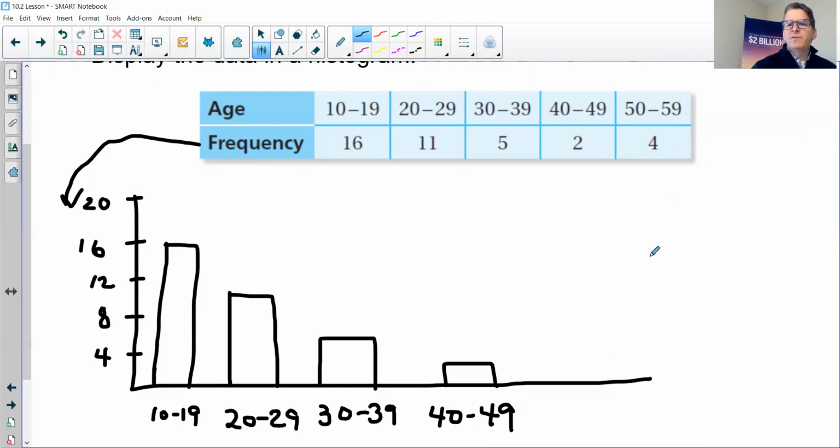And then 50 to 59, there's 4, a little bit higher than 40 to 49. That'd be a histogram representing the frequency of rides on a roller coaster based upon age.